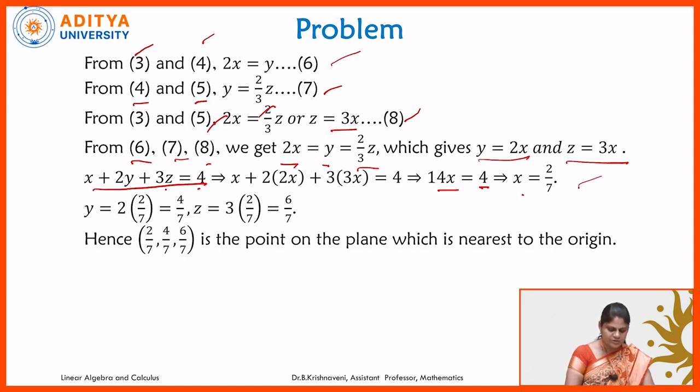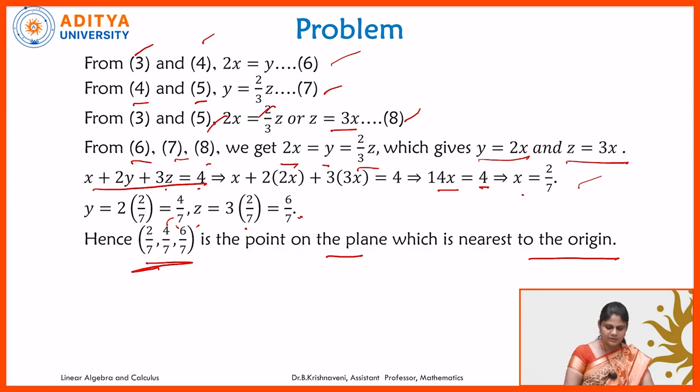So now what is y? 2 into x, it is 2 into 2/7, 4/7. What is z? 3x, it is 3 into 2/7, which is 6/7. Hence we got the point on the plane which is nearest to the origin, that is (2/7, 4/7, 6/7).